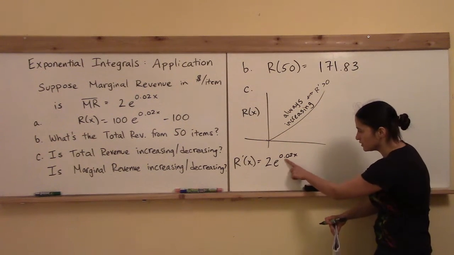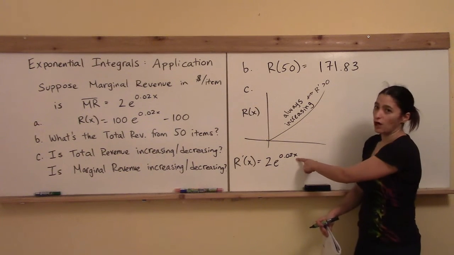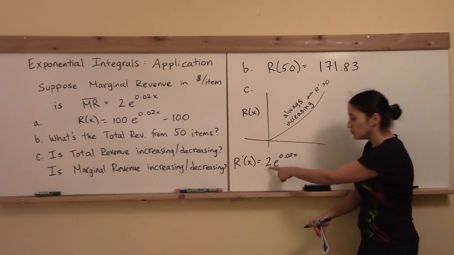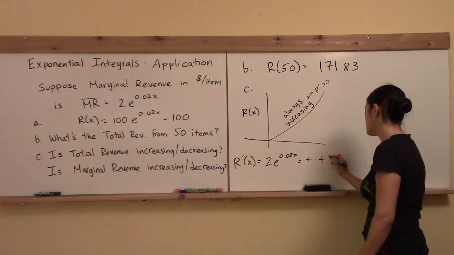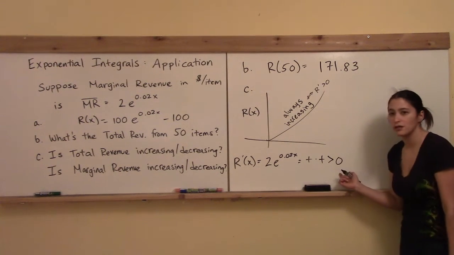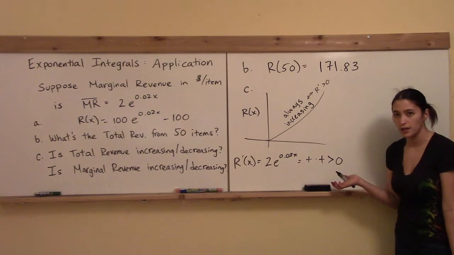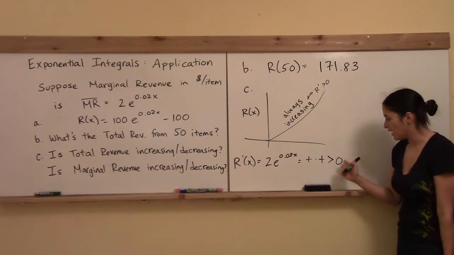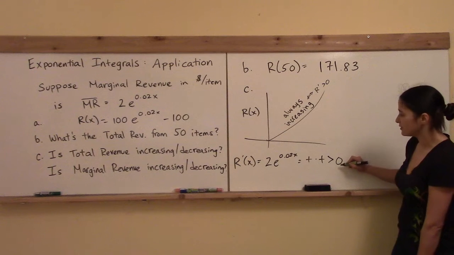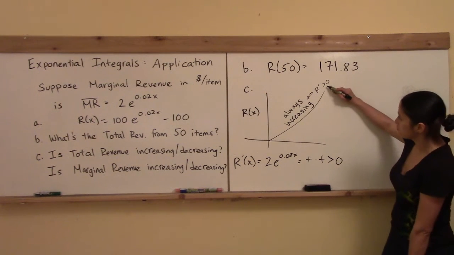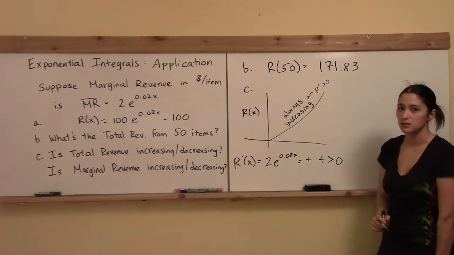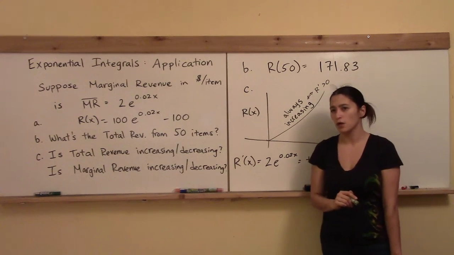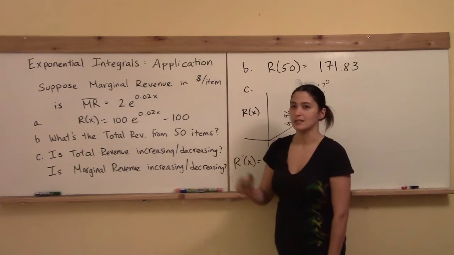So e to the ax is always positive. 2 is a positive number, so this is a positive number times another positive number. So it's always greater than 0 no matter what x you put in. This is the algebraic, or analytical, way to confirm that your derivative is always greater than 0. And graphically, we see that it's always increasing. So your total revenue is always increasing.